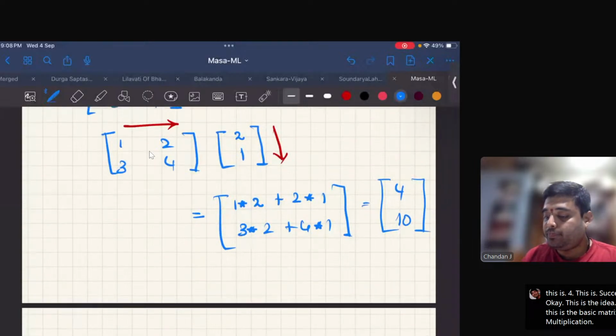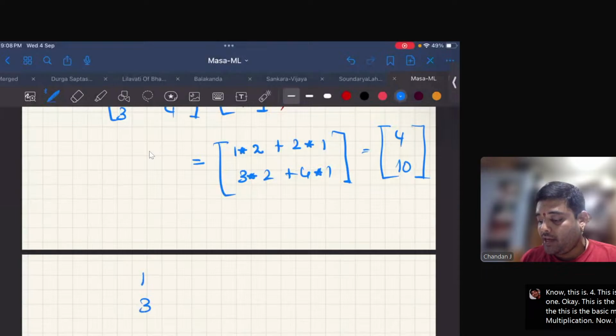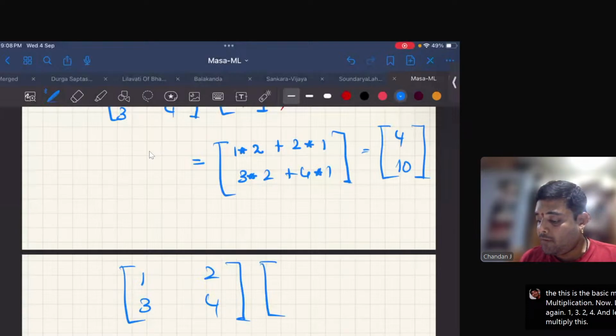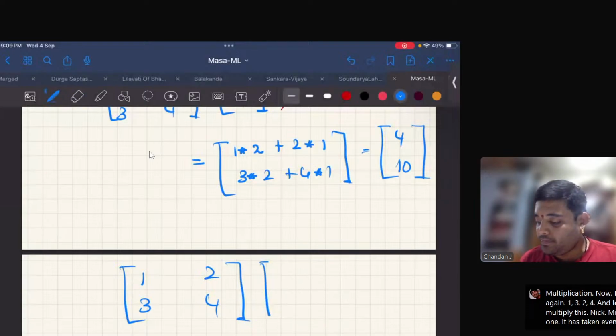Now let me write it again. 1, 3, 2, 4, and let me now multiply this with minus 3 plus 1. Let us take much simpler values first.